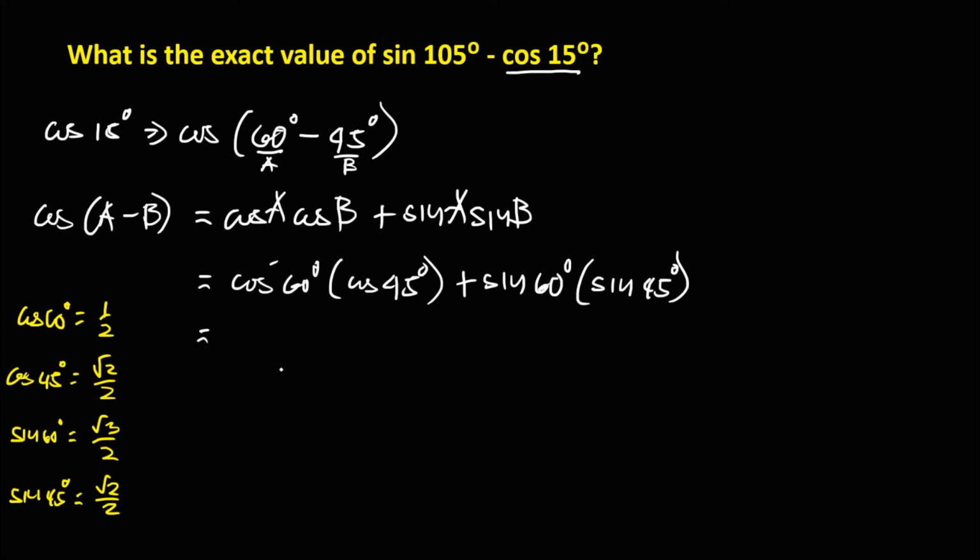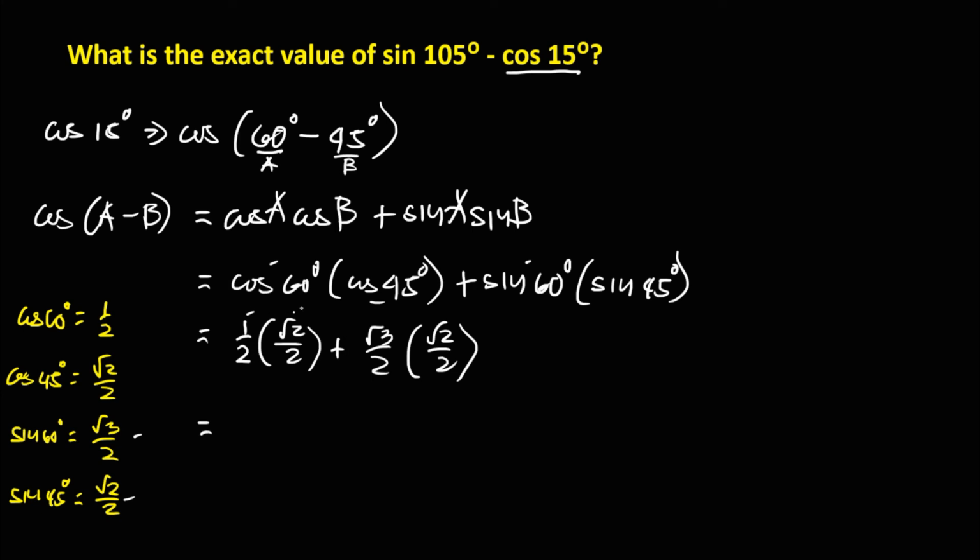Cosine 60 degrees, that's 1 over 2, times cosine 45 degrees, that's square root of 2 over 2. Then plus sine 60, square root of 3 over 2, times sine 45, that's square root of 2 over 2.